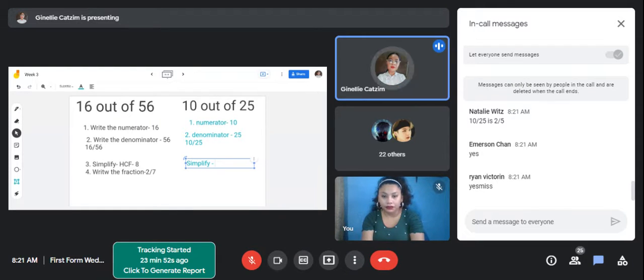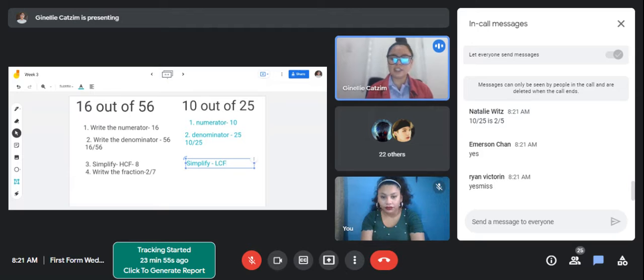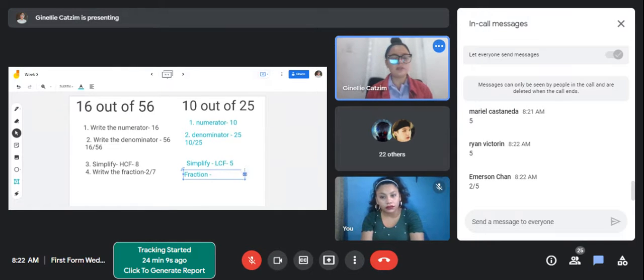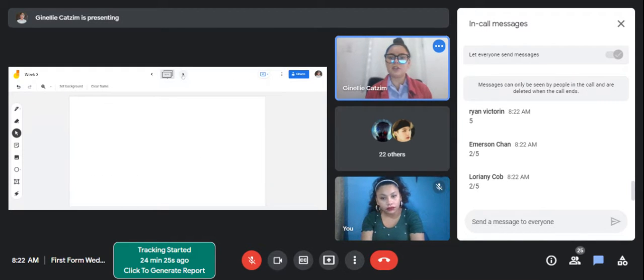So what is the HCF in this case? 5. So we write our new fraction. Those of you that are typing in the chat box, very good. So our new fraction is 2/5.